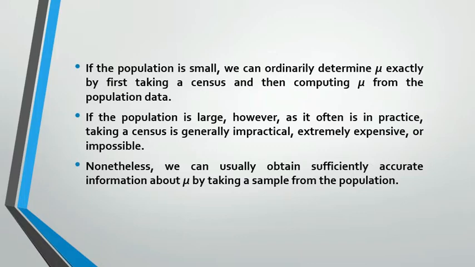If the population is large, however, as is often the case in practice, taking a census is generally impractical, extremely expensive, or impossible. Nonetheless, we can usually obtain sufficiently accurate information about the mean by taking a sample from the population.